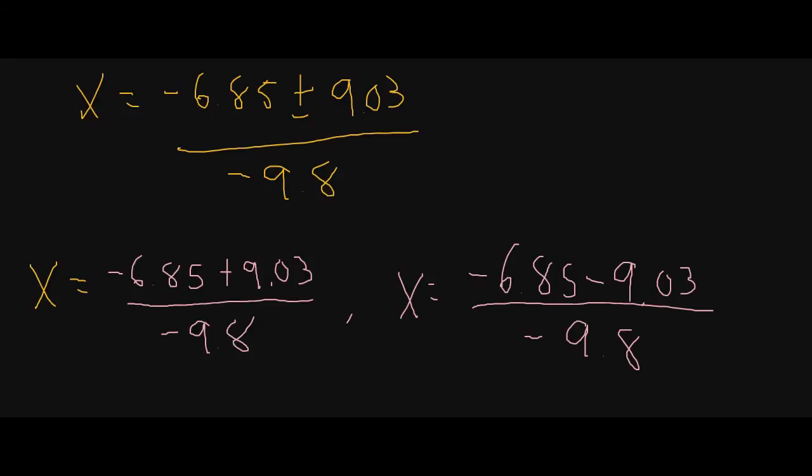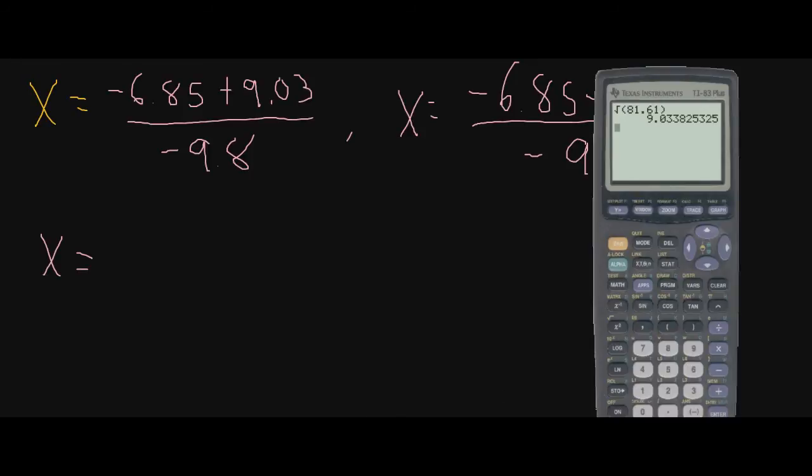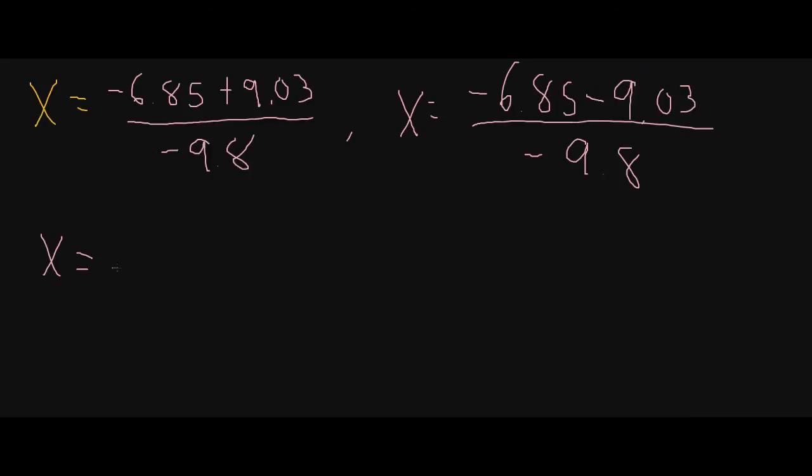And as we proceed, let's just go ahead and simplify this top part. So you can see I'm just doing all these step by step. We're going to get negative 6.85 plus 9.03. We get 2.18, and now we just divide it by negative 9.8. And that's negative 0.22.